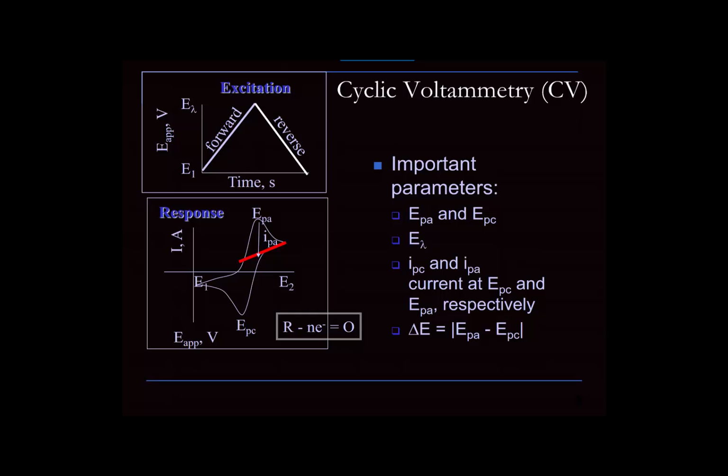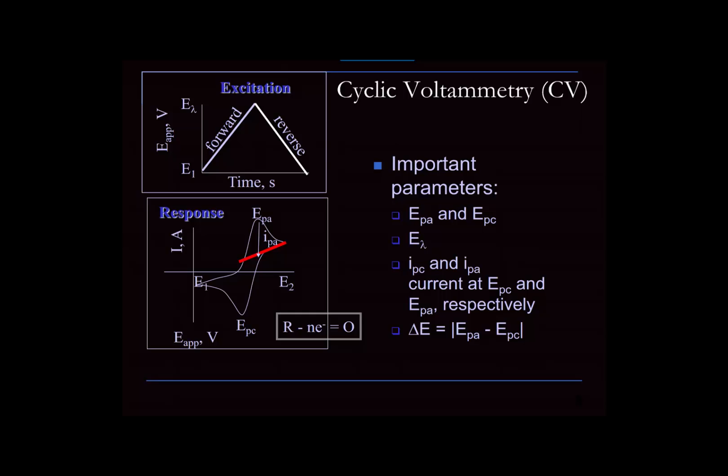And so you'll see a lot of reduction current flow, and the current will go down. It goes down because it's in the opposite sense. You had oxidation current with one sign, and now reduction current has the opposite sign. So the current will go down, down, down. And then again, as you start to deplete all of the available O, you're starting to have only R near the electrode surface. Again, the current will start to decrease and it will move back to the original level that it had at the start of your experiment.